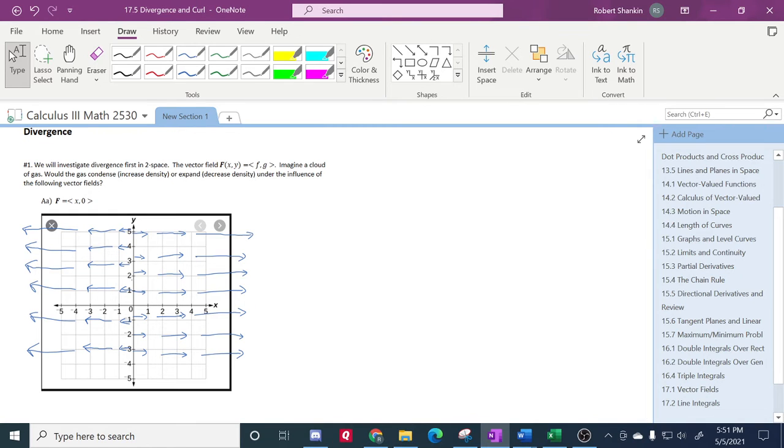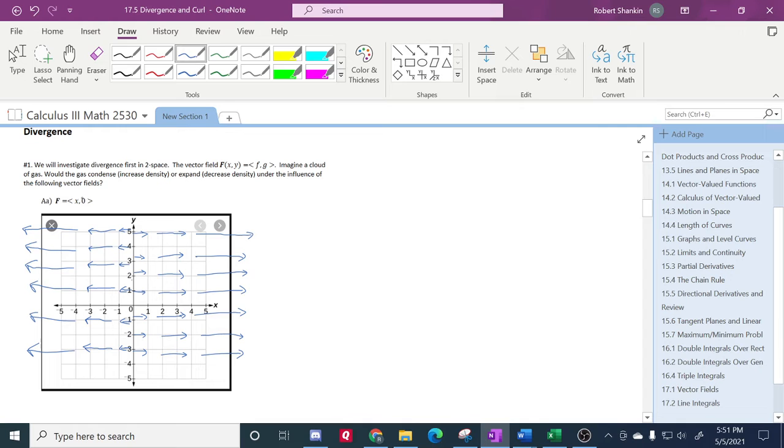So notice that every arrow, all these blue arrows, don't depend on your height. When you change the height, it stays the same because there's no y in this. But the further you move to the right, the bigger the x component is, the more the arrow goes to the right.